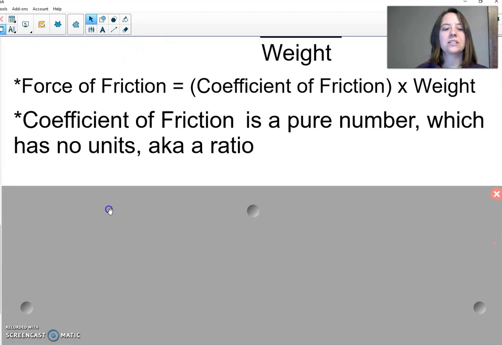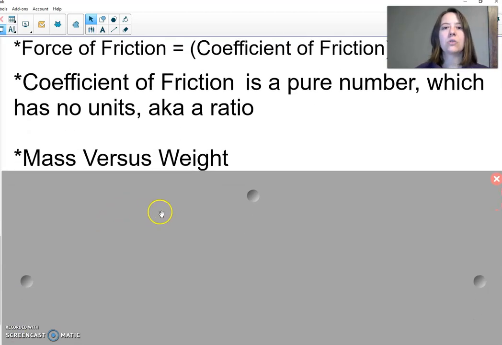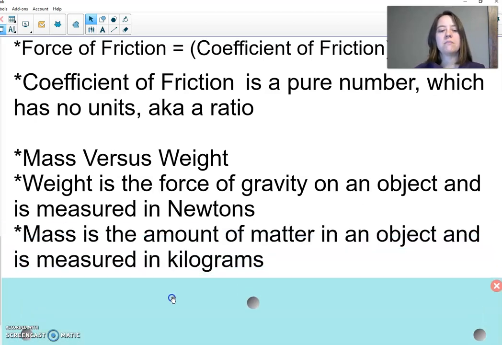Another thing I would like to talk about is mass versus weight. They are not the same thing, although we normally talk about them interchangeably in common terms, but in science they're quite different. Weight is the force of gravity on an object, and it is measured in newtons. And then mass is the amount of matter in an object, and it is measured in kilograms.